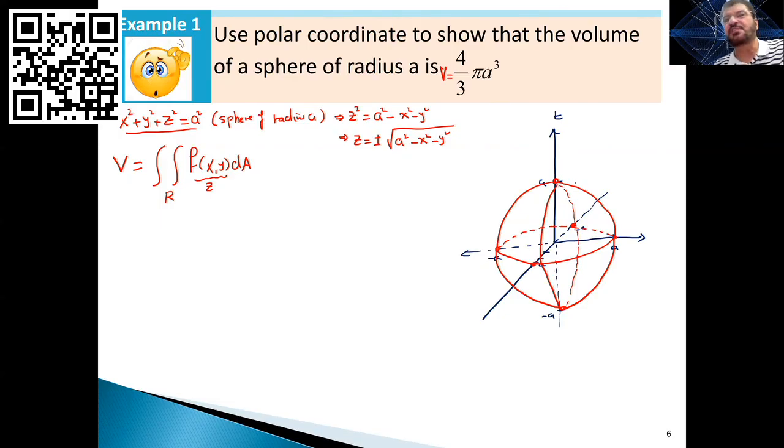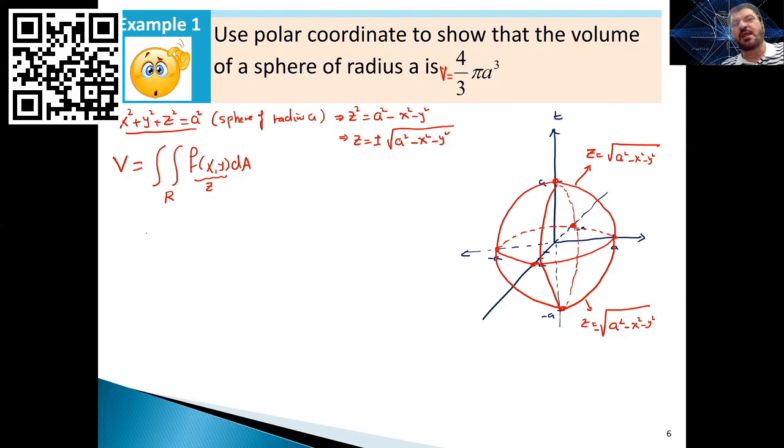Now, which one is the positive part? This one is z equal to the positive square root of a squared minus x squared minus y squared. And the bottom one is z equal to negative square root of a squared minus x squared minus y squared.